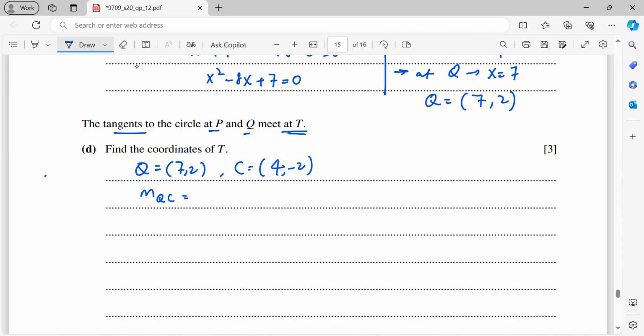So I will write minus 2 minus 2, I use this first, over 4 minus 7. That is minus 4 over 3. So now M tangent will be negative 1 over MQC because they are perpendicular to each other. So negative 1 over negative 4 over 3 is going to be 3 over 4.